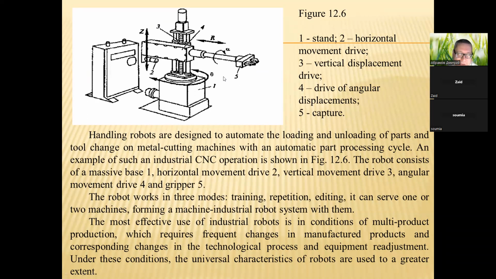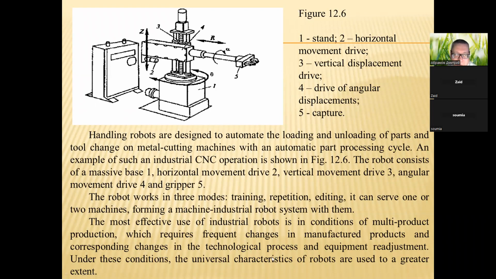The robot works in 3 modes: training, repetition, editing. It can serve 1 or 2 machines, forming a machine industrial robot system with them.